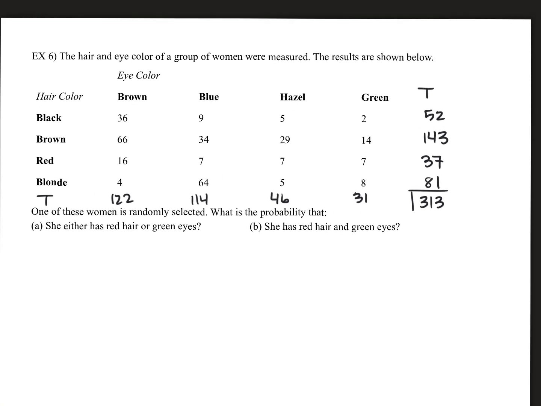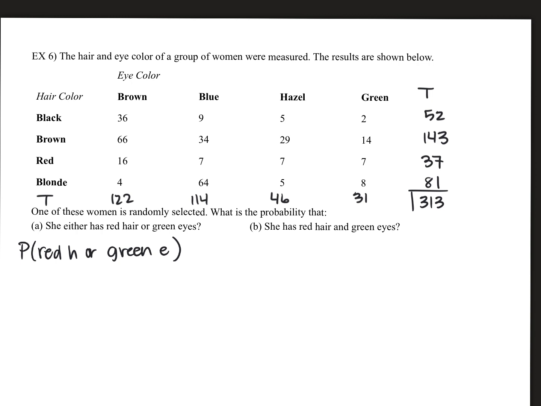So the first one is the probability that she has either red hair or green eyes. So that's the probability of red hair or green eyes. Now, if we look in our table, these are not mutually exclusive. There is a value for red hair and green eyes. All right, there's not a 0 there, so I'm going to have to subtract the overlap.